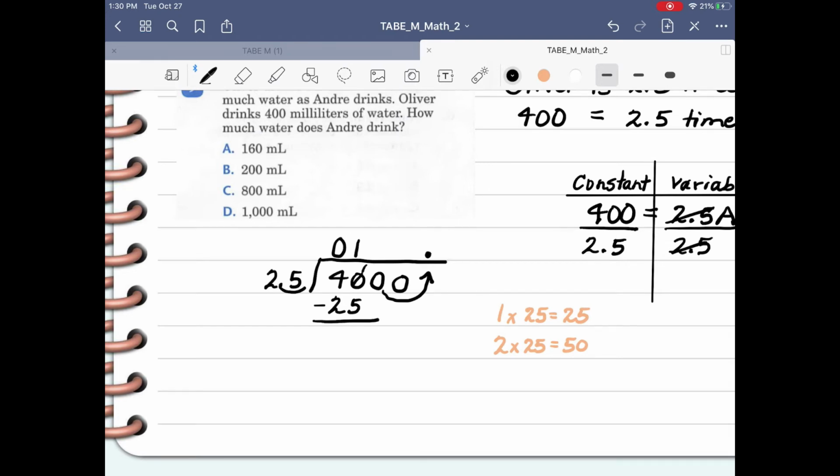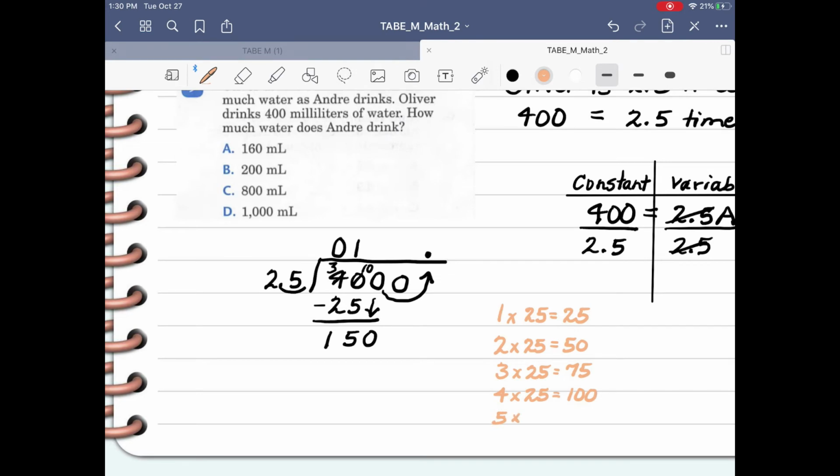So we subtract and get 15. Bring down one of the zeros. So I am going to have to continue my iterations out to 150, or as close to 150 as I can go. I know that 4 times 25 is 100.